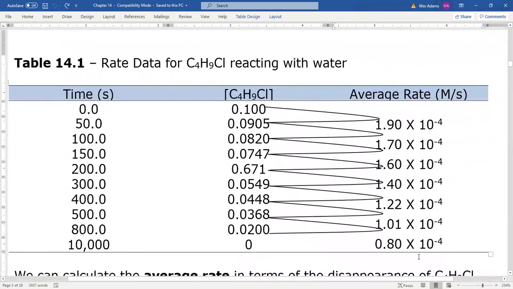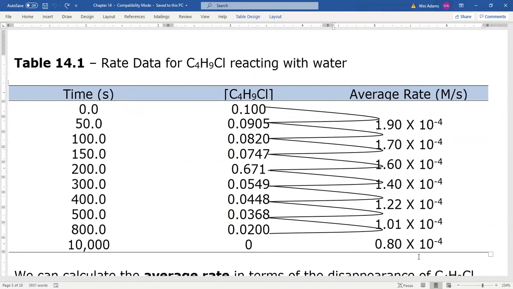And so we're going to look at the reactant disappearing, and here is some rate data. Initially, we're talking about 0.1 moles of the chlorobutane. We look at it after 50 seconds, it's 0.0905 at a rate of 1.90 times 10 to the negative fourth moles per liter per second, or molarity per second.